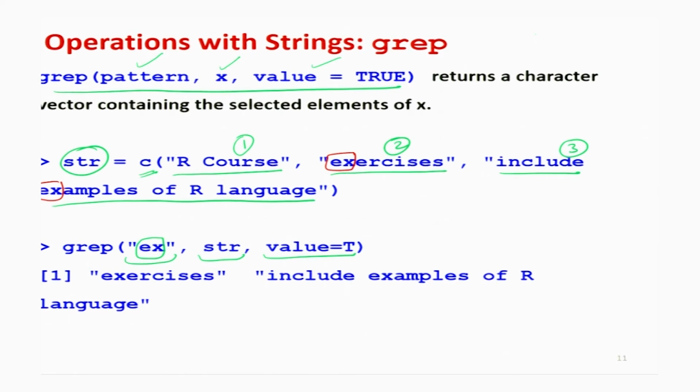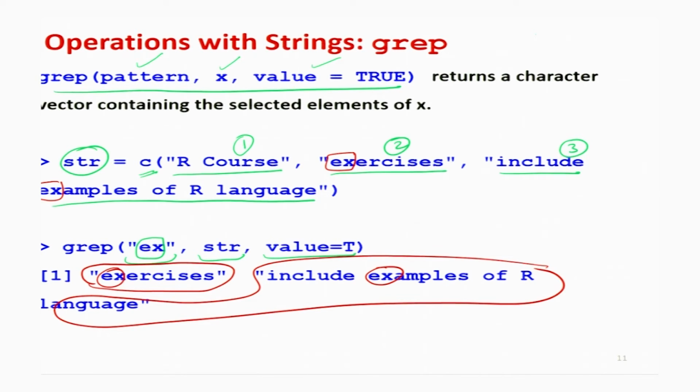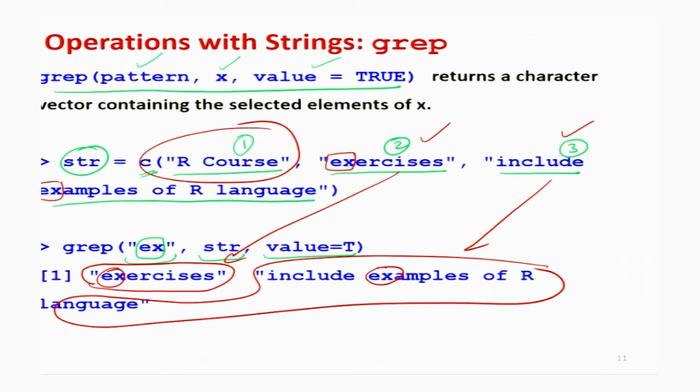So ex is occurring in the second and third strings, but there is no ex in string number 1, the string at position number 1. That is why it is not occurring here.